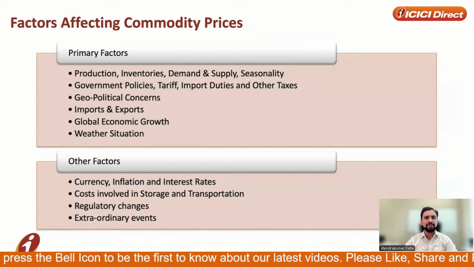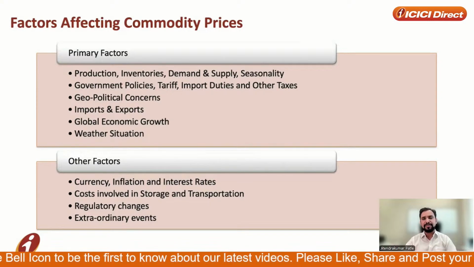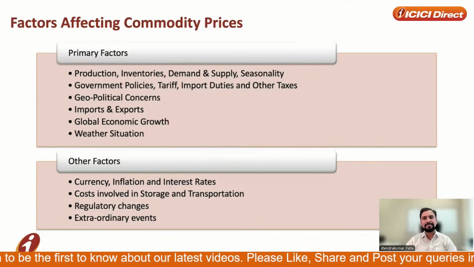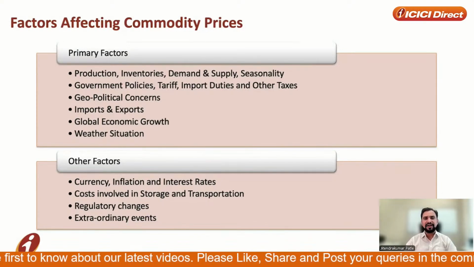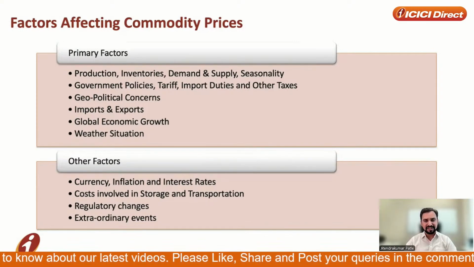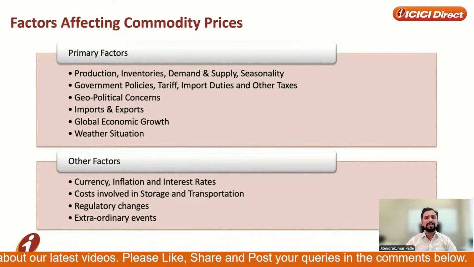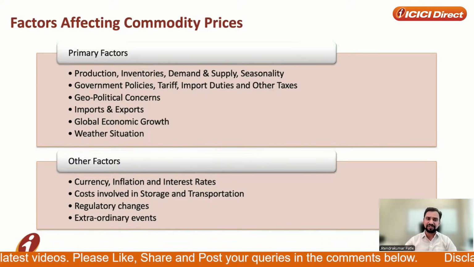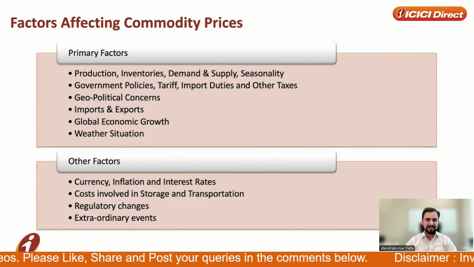Now, on the factors affecting commodity prices, the primary factor is basically a demand-supply game. If the demand for that particular commodity is higher, definitely prices will be higher. And in case the demand is not there, or supply is enough, then prices will go down. So this is the demand-supply or production-led factor.